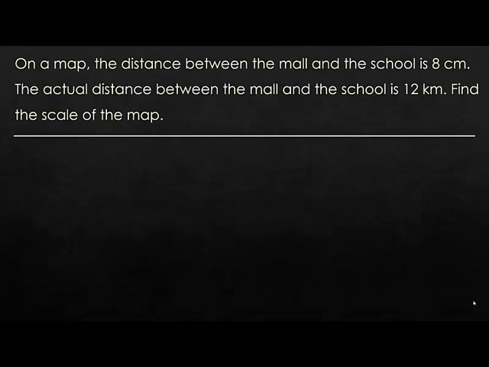Now let's see. The distance between the mall and the school on the map is 8 centimeters, and the actual distance is 12 kilometers. So let's compare the line on the map to the actual distance. Here the scale equals 8 centimeters to 12 kilometers.